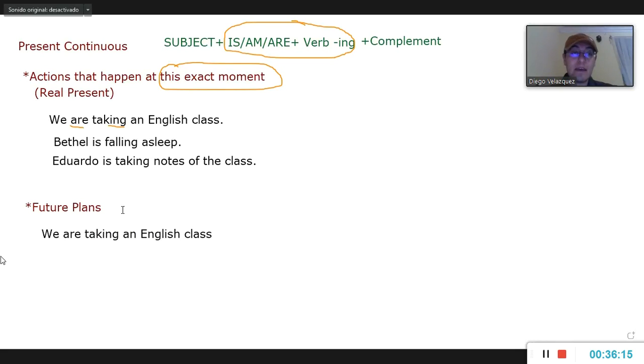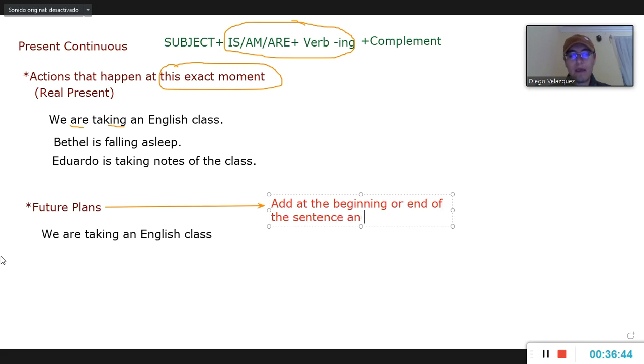Always remember, guys, that for me to transform present continuous into the future, I need to do the next. The important part, my friends, is to add, similar to the expressions of frequency, at the beginning or at the end of the sentence, a time expression that refers to the future.